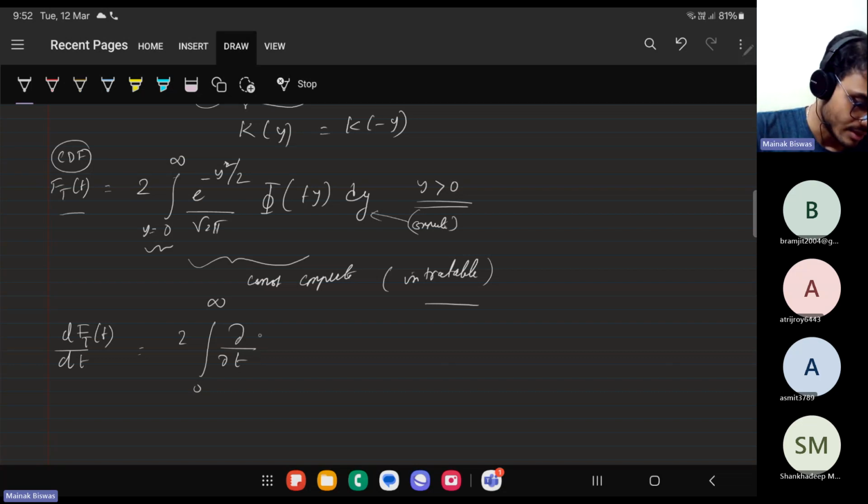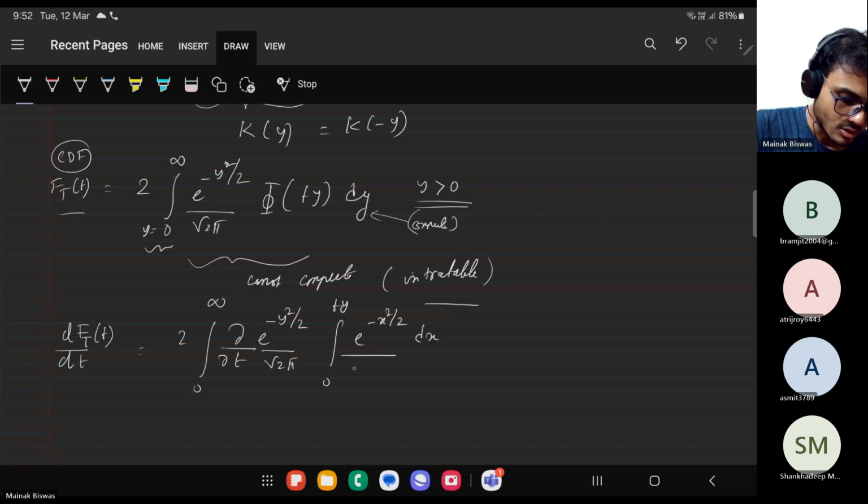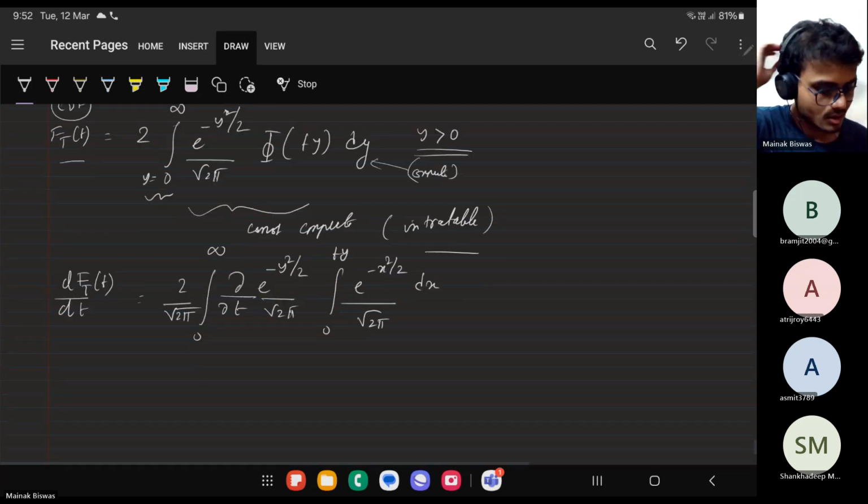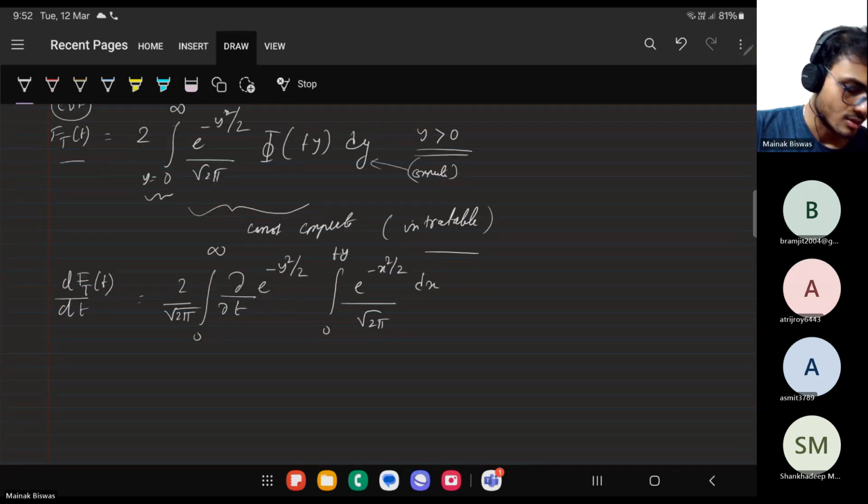If you recall, the integral from 0 to ty of e to the power minus x square by 2 dx by root 2 pi. Yes or no? Is it clear?